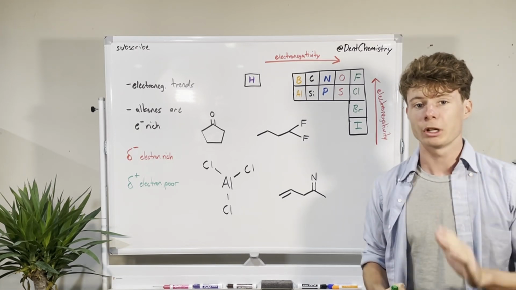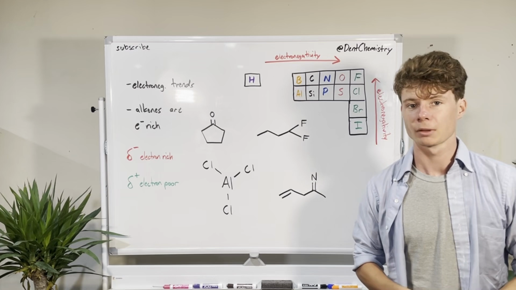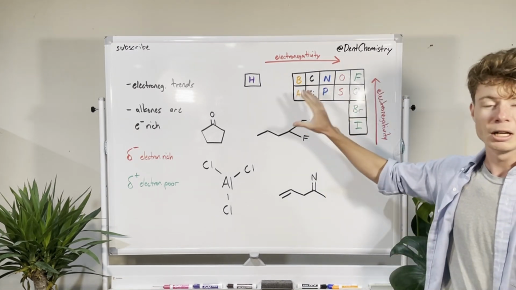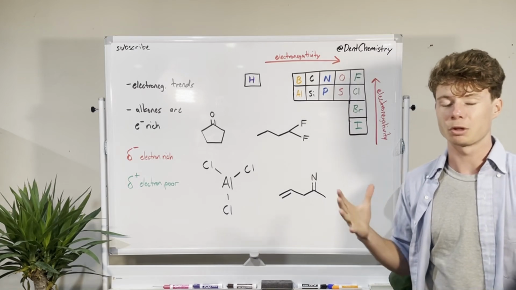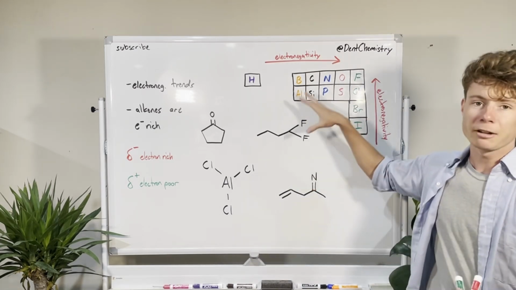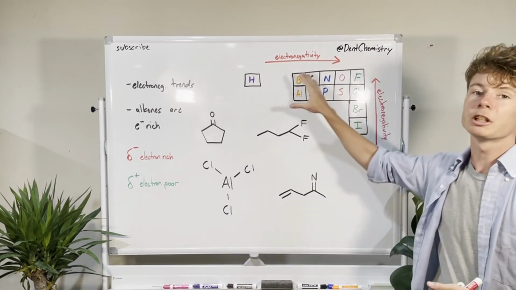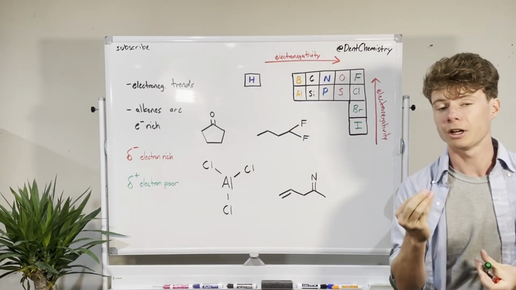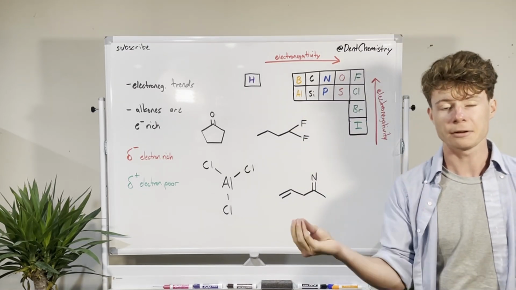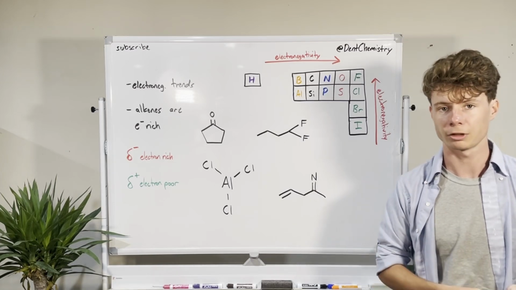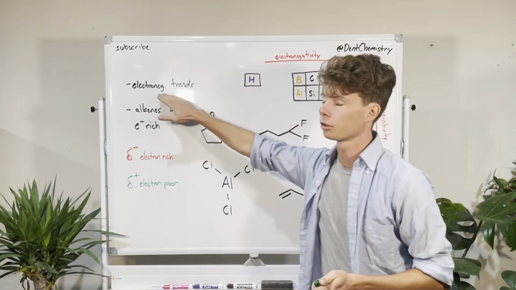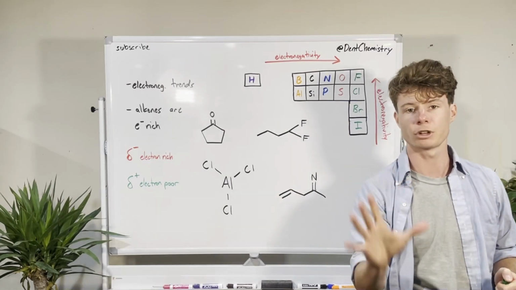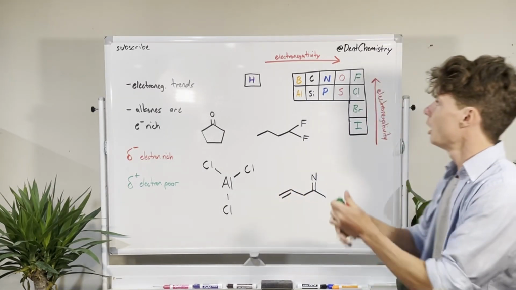Identifying electron-rich and electron-poor sites. I've included a periodic table up here, a very small one. This is really our organic chemistry periodic table. 95+% of the time, we're only dealing with elements right here. The main thing we need to understand for identifying electron-rich and electron-poor sites, we're going to use this electronegativity trend in the periodic table, something hopefully we've already gotten from general chemistry, okay?